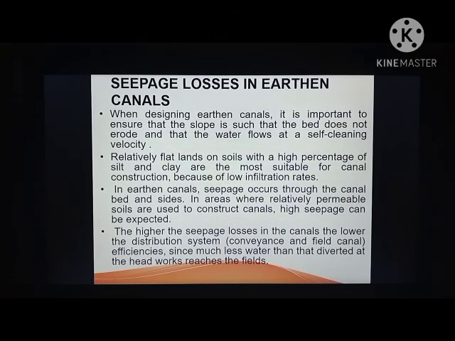The higher the seepage losses in the canal, the lower the distribution system efficiency, since much less water than that diverted at the headwork reaches the field. So if we have higher seepage losses, the water is reduced, and the distribution system will not be efficient because of the losses of water.